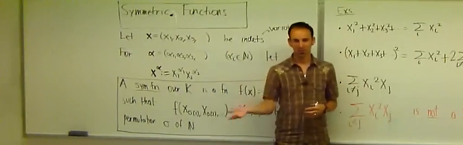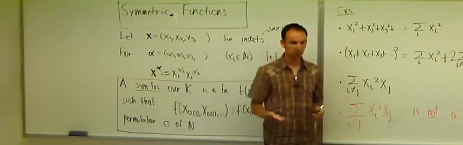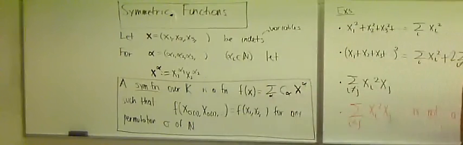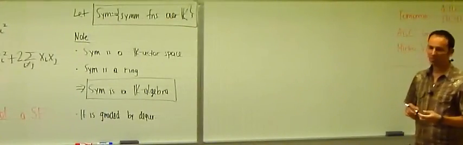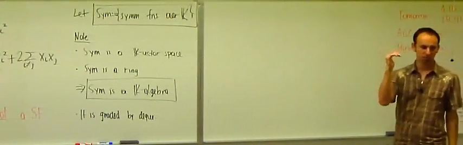If you multiply something of degree 3 by something of degree 5, you're going to get something of degree 8. So this is graded by degree.